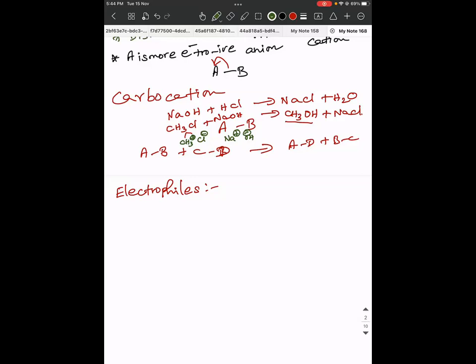First you have to know what an electrophile is. Electrophiles are electron deficient. Their octet is not completely filled.